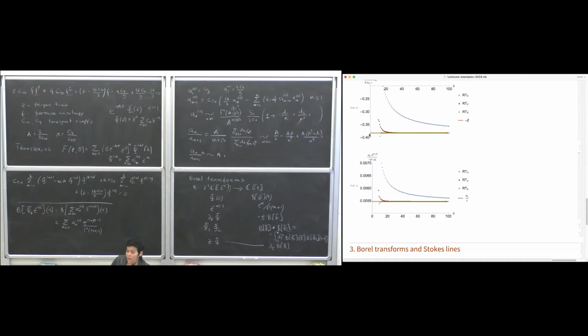I know the series has a finite radius of convergence, but I need to understand the singularity structure. What one typically does is approximate this by some method, and one of the methods is calculating Padé approximants of the Borel transform.